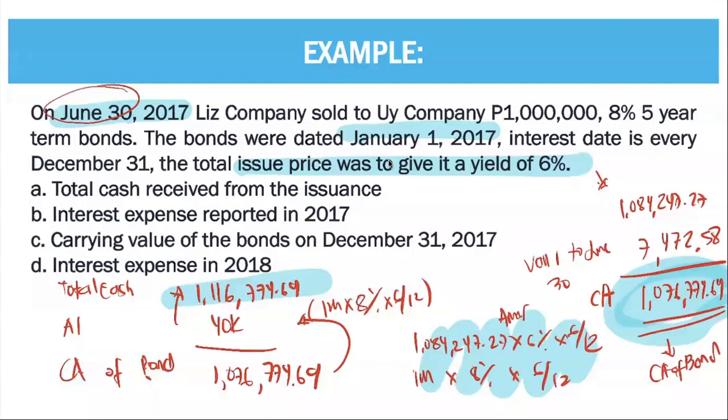So here we have 1,076,774.69 as our carrying amount of bond, and our total cash is 1,116,774.69. Interest expense in 2017.